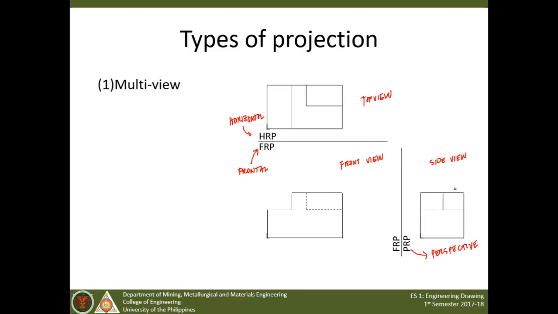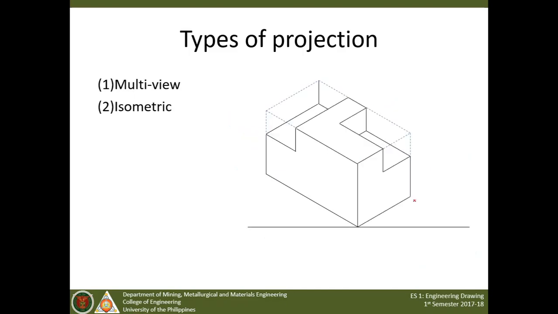Okay, so this is multi-view. Again, multi-view is just a collection of 2D views to represent a three-dimensional object. Next, we have your isometric drawing. In engineering, it's the most commonly used type of projection to represent a three-dimensional object, because it gives us a readily available three-dimensional view of our object.